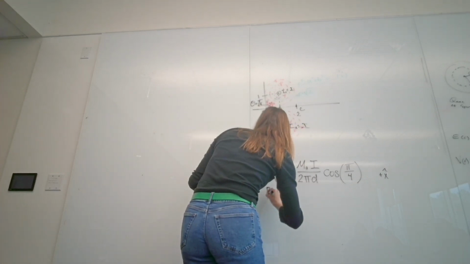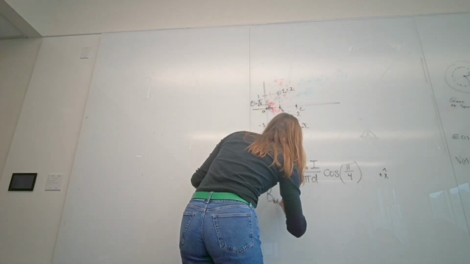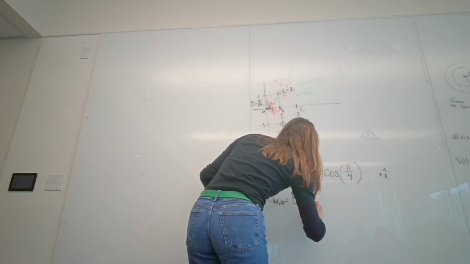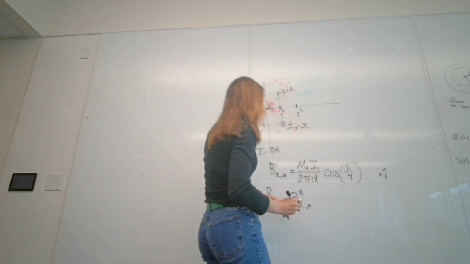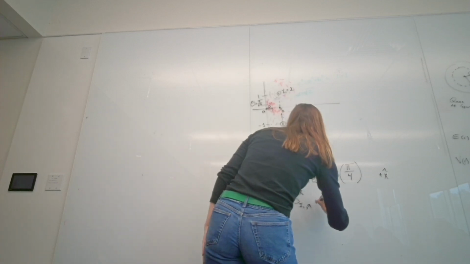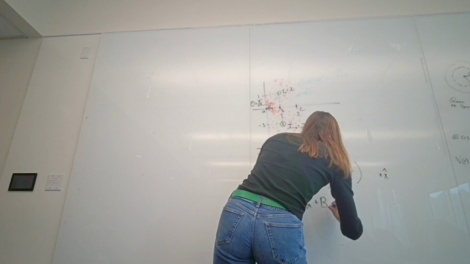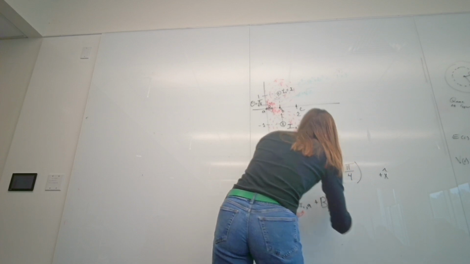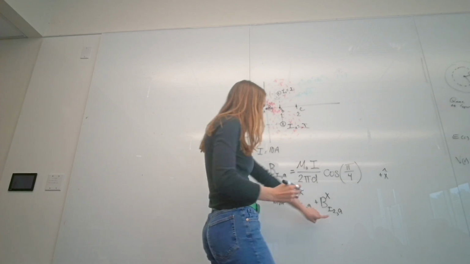So B total at point A is equal to B I1 A, I'm just going to write x component of this guy, plus B I2 A x component of this guy.